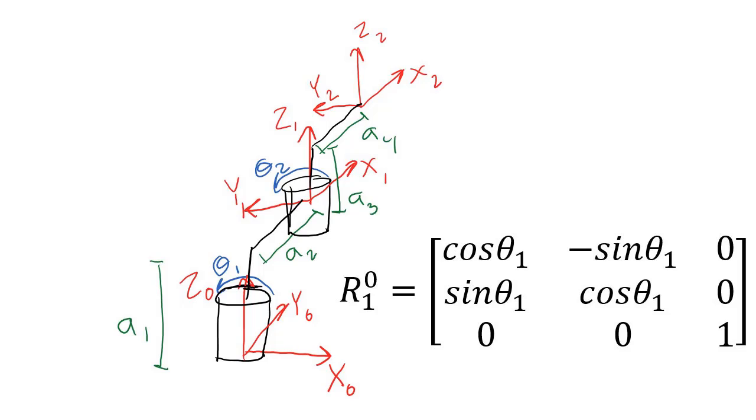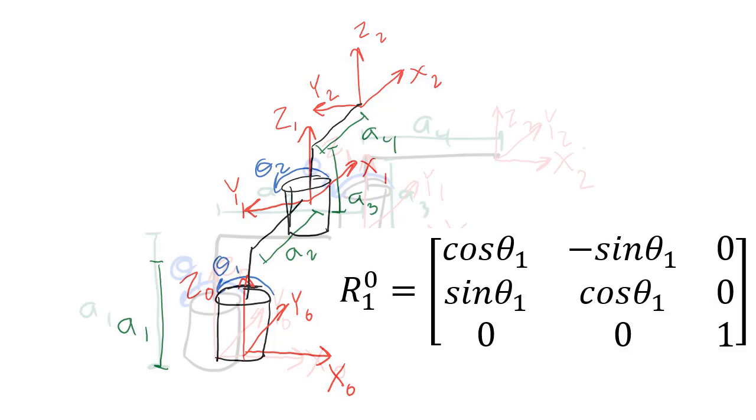Now, our rotation matrix 0 to 1 here isn't complete yet. There's another piece of the rotation matrix that we need to multiply on. I need to left multiply this matrix by another matrix that tells me how frame 1 is rotated relative to frame 0 when the joint angle is 0.